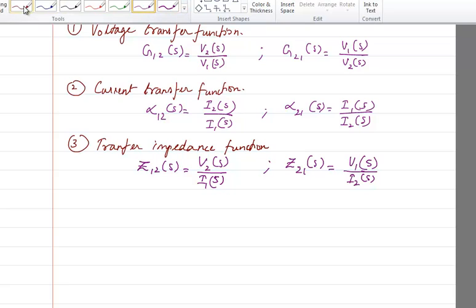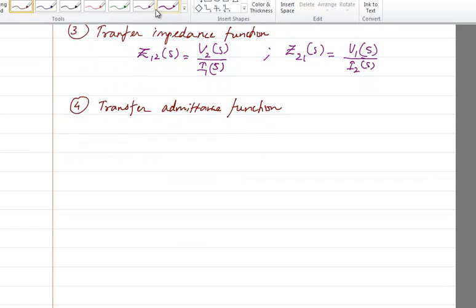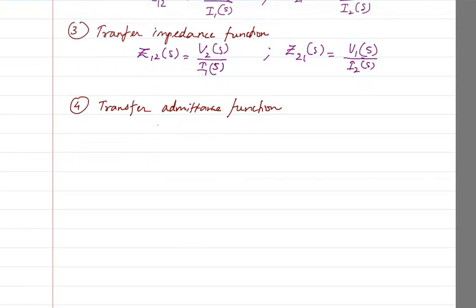The last one, the fourth one, is basically called the transfer admittance function, where we are having admittance, which is Y. I'm going from port 1 to 2. What is the admittance at transfer from port 1 to 2?